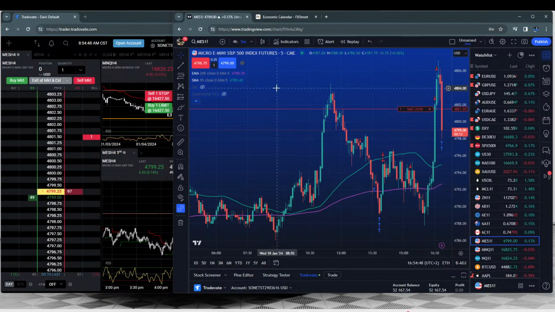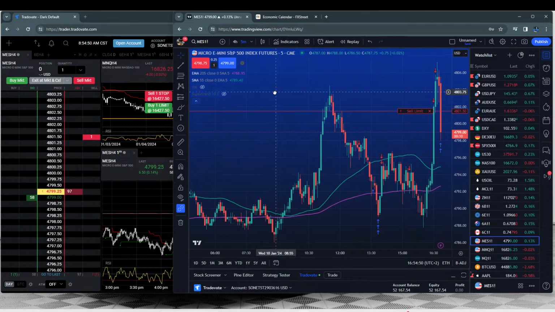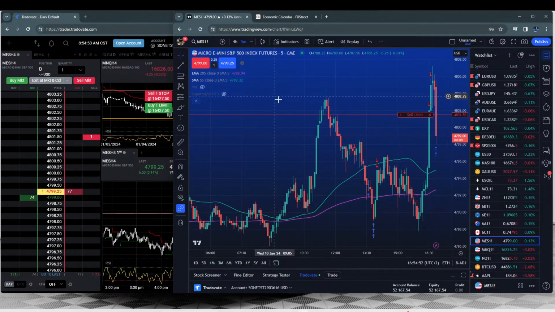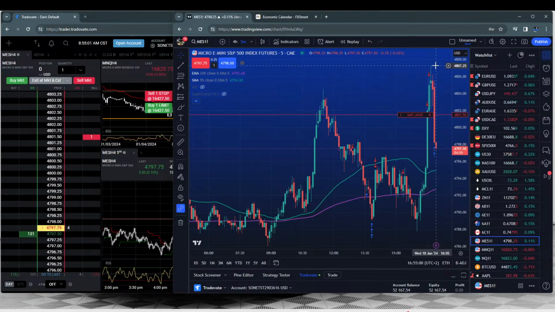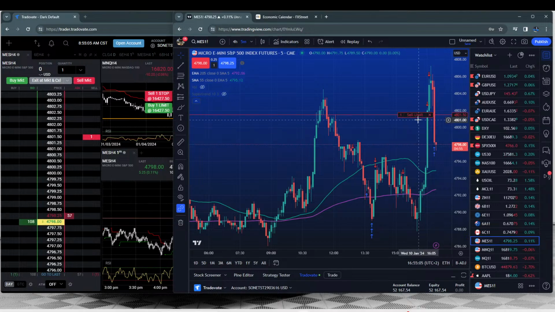And you see how we executed our strategy. I said I would like to go short at those levels before the opening. We saw it even break higher, but finally the move came to our side.